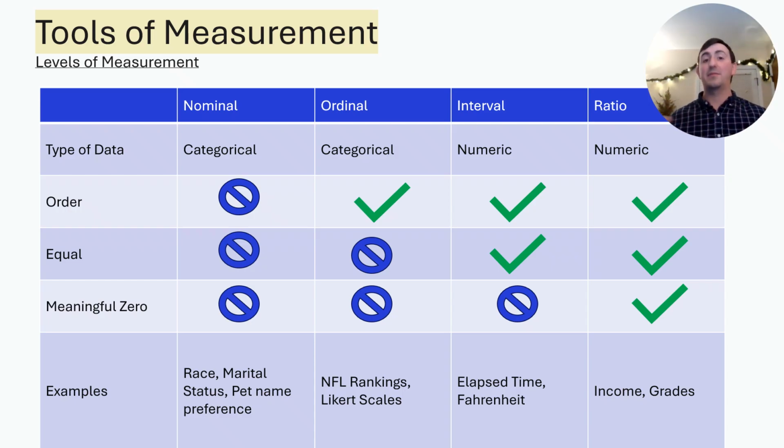So elapsed time: 1 second to 2 seconds is the same as 2 seconds to 3 seconds. That is the same amount of distance in that time. And Fahrenheit also has this order of hotter to colder, and it has equal steps between each degree, so that makes it interval. It's not ratio yet, and you'll find out in a moment why.